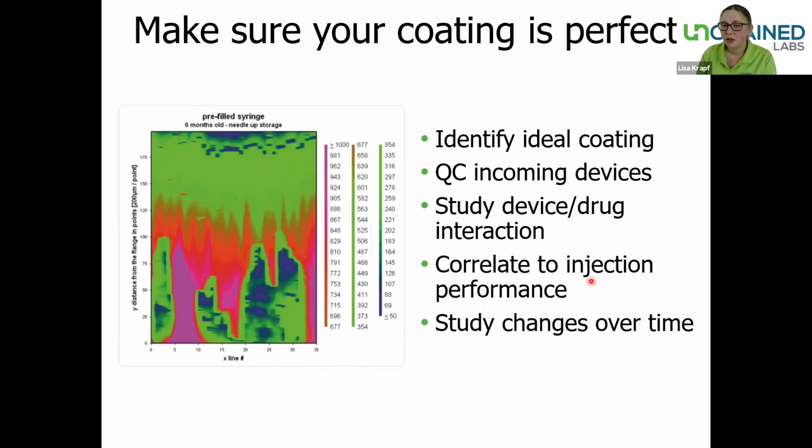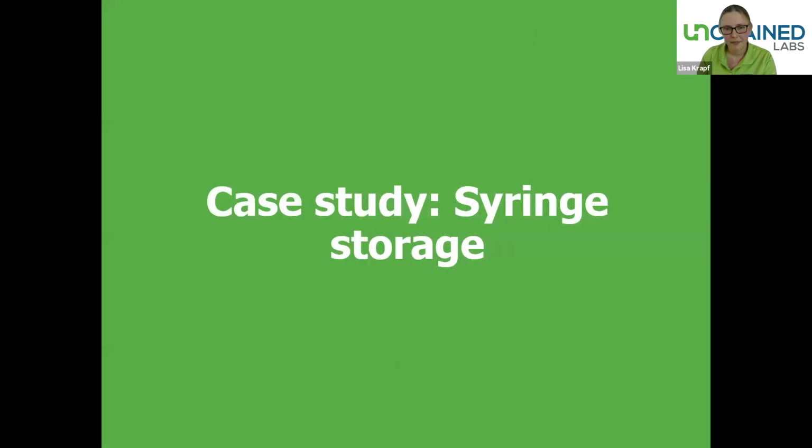A lot of people correlate the siliconization they measure with Bouncer with the force displacement measurements, so that you can make a prediction from the Bouncer measurements which devices would work well, or wouldn't require too high forces. And you can also study changes over time, like from storing the syringes, etc. So let's have a look at that case study now.